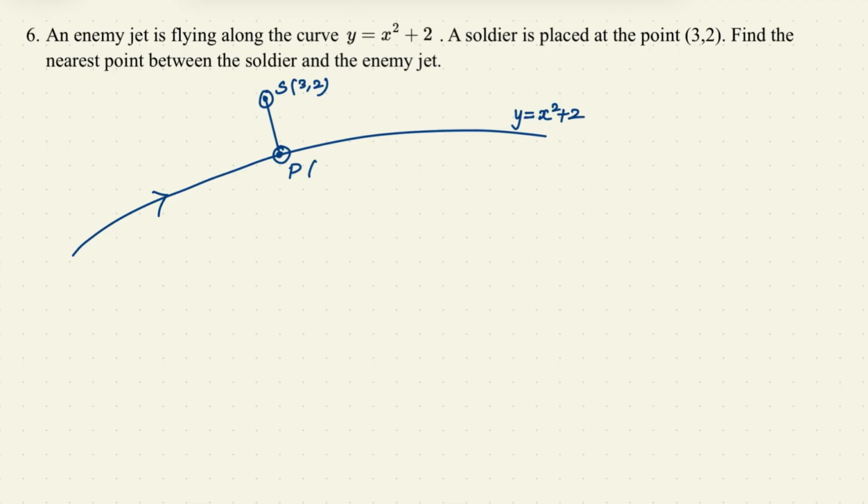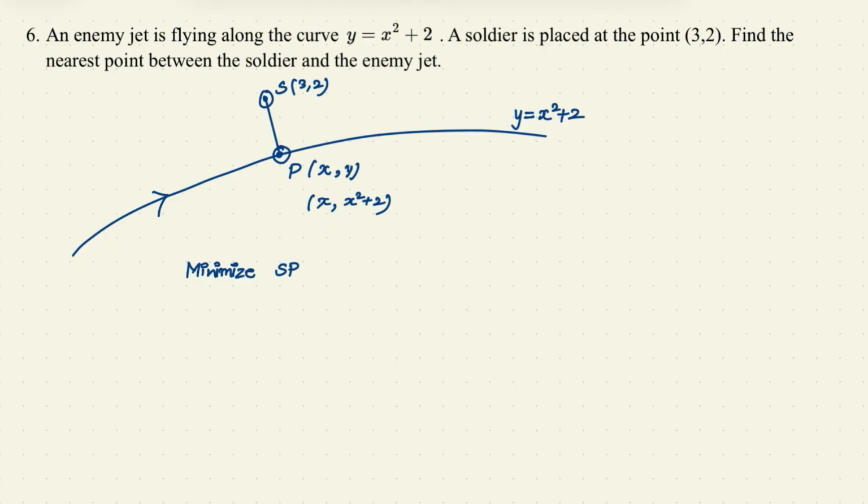So let the coordinate of P be (x, y), which can be written as (x, x² + 2), since we know the value of y is x² + 2. So we have to minimize the distance SP.